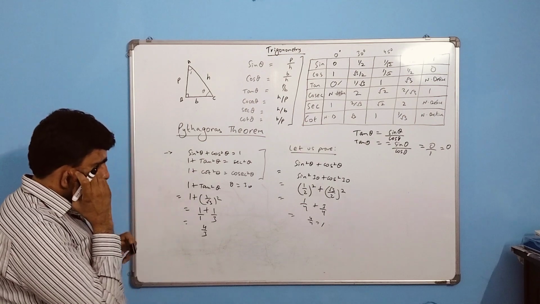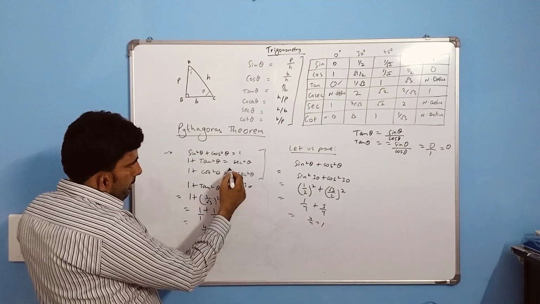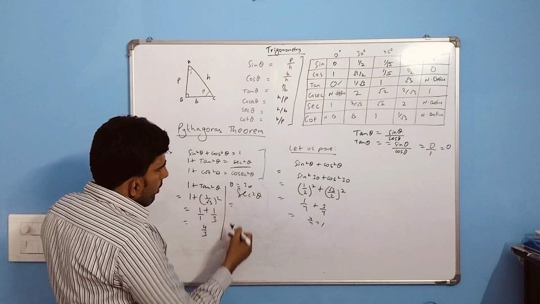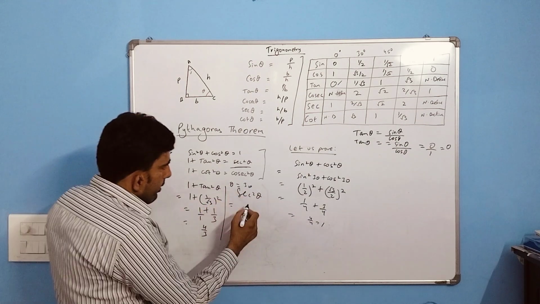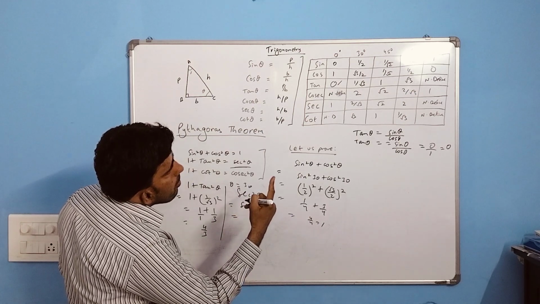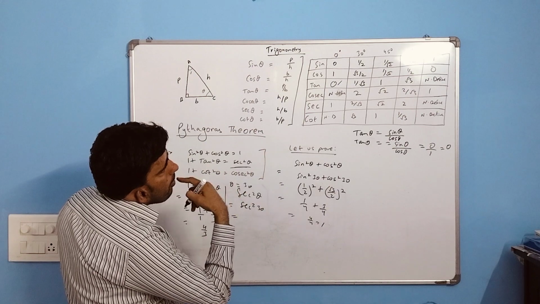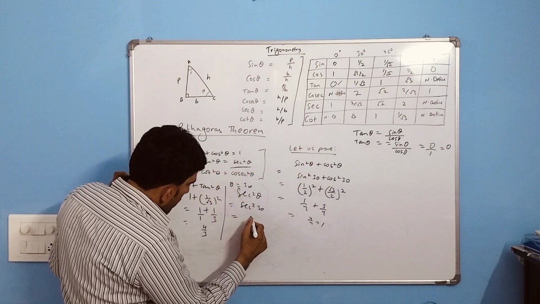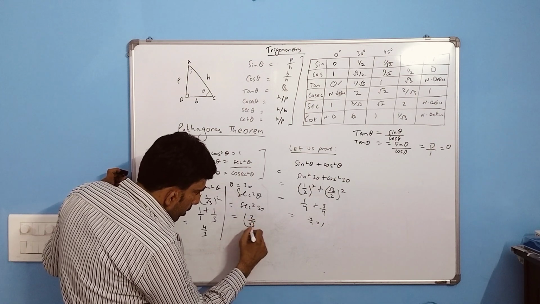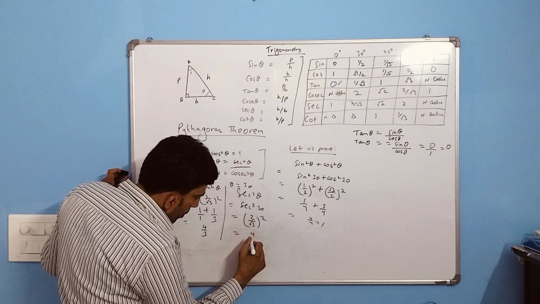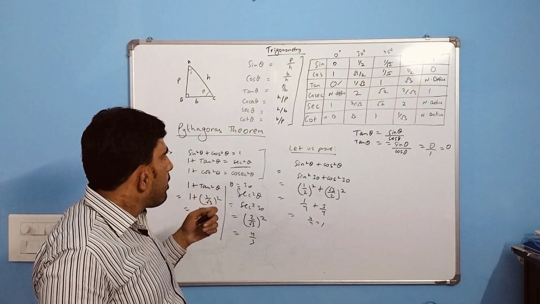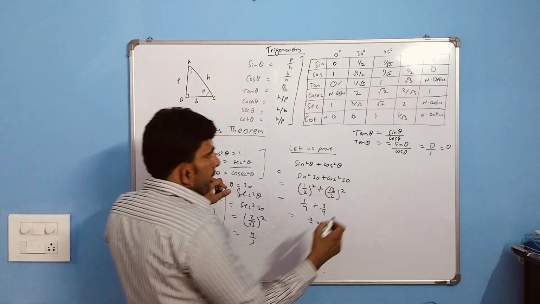Now take the other side also. Sec square theta, if I take sec 30. What is sec 30? We have 2 upon root 3. Let's square it. We got 4 upon 3. So LHS is equal to RHS. Similarly, we can prove like this.